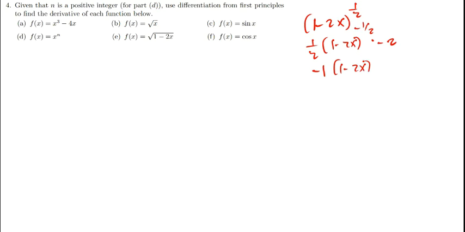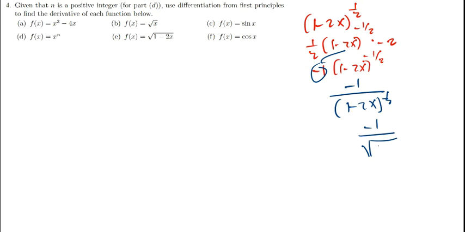This one is just constant. To get rid of the negative as a power, I'll shift this to go on top. So it will be negative 1 divided by 1 minus 2x raised to the power half, which is the same as negative 1 divided by the square root of 1 minus 2x.